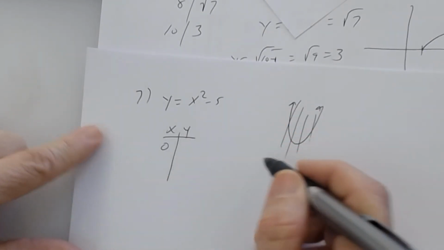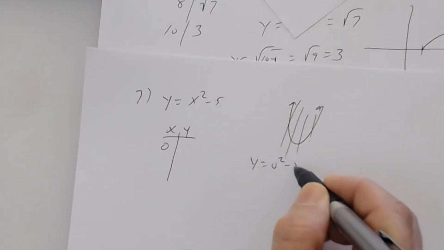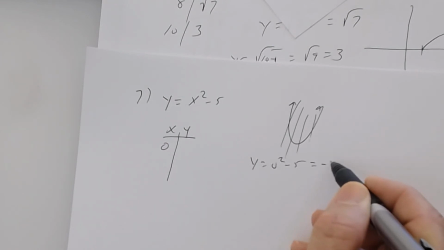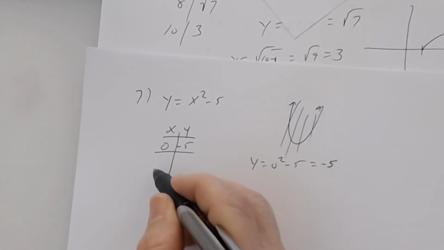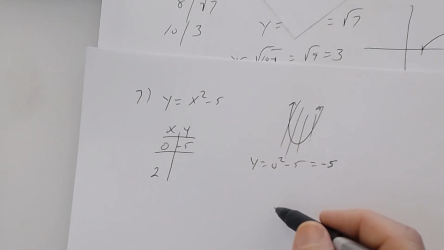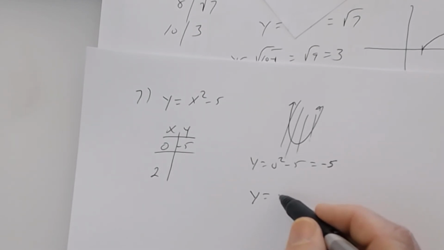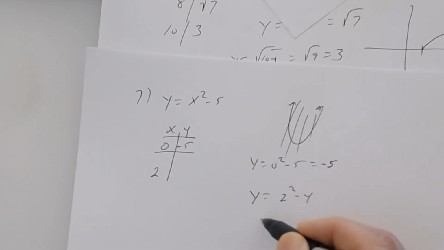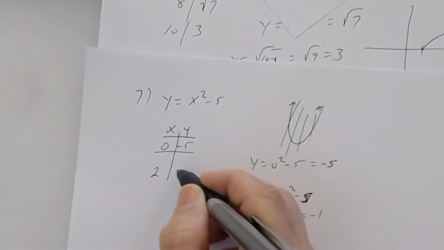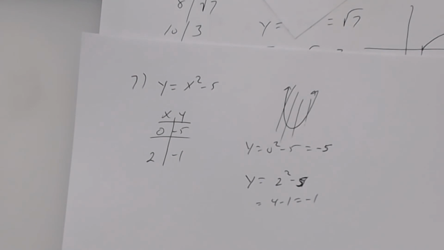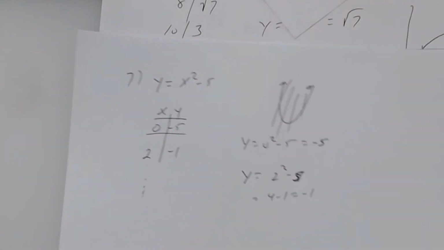If x is 0, do I get just one y value? y equals 0 squared minus 5, which is negative 5. When x is 2, do I get just one y value? Yes. y equals 2 squared minus 5. 4 minus 5 is negative 1. No matter what I plug in for x, I'm just going to get just 1 y value. So that's a function.